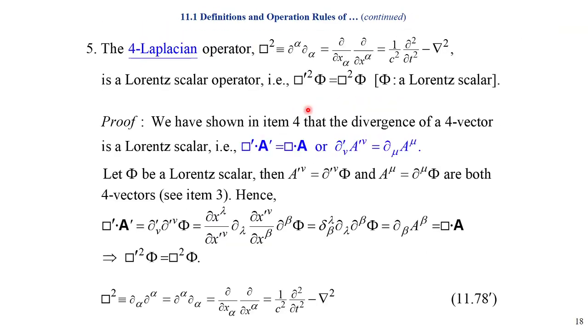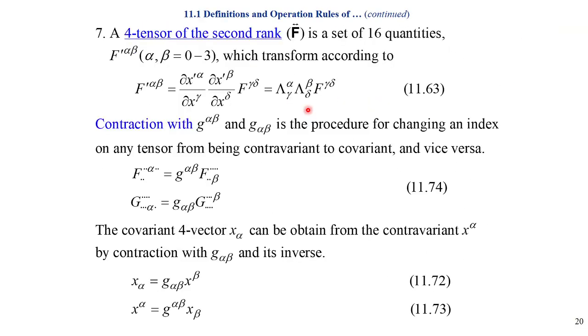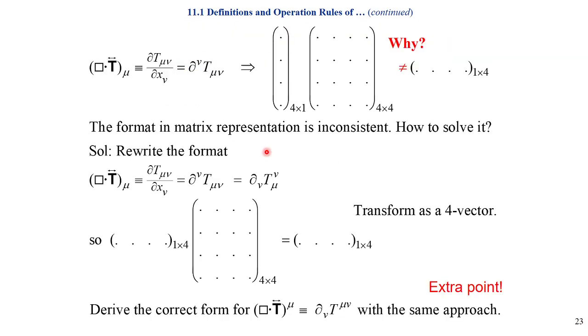Go back to item 7. If we have a field tensor, we can raise and lower the index by using G, or vice versa. Okay, go back to page 43.